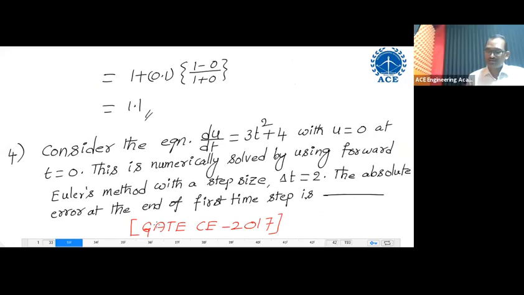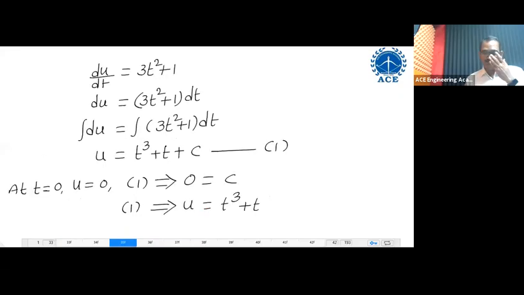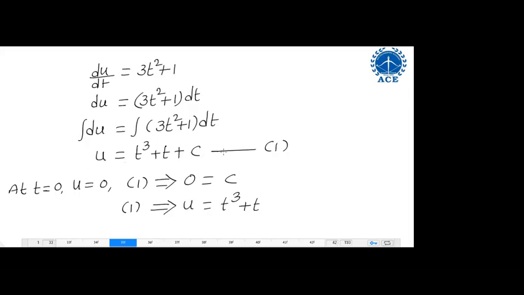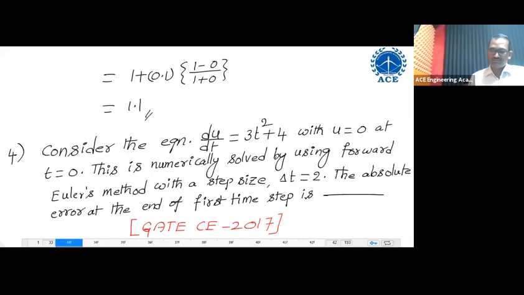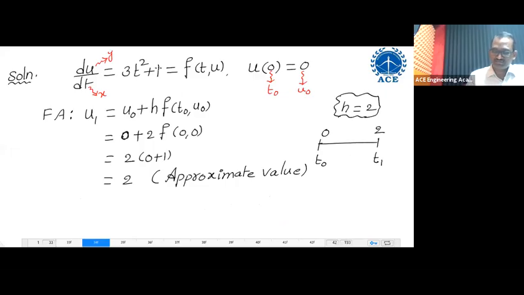No, not that constant. Don't compare that, this is the solution. No, sir, above, 3t square plus 1 you have taken. 3t square plus 4 it is. Oh, sorry. That's fine.